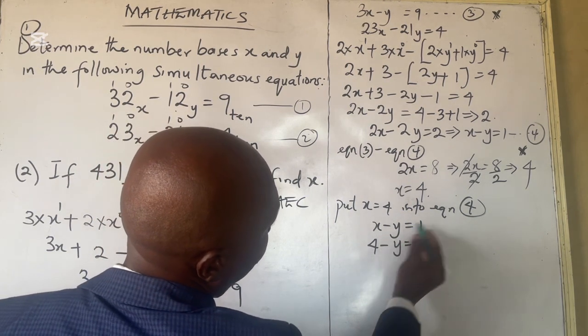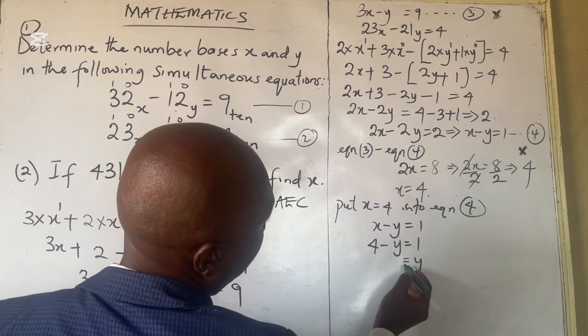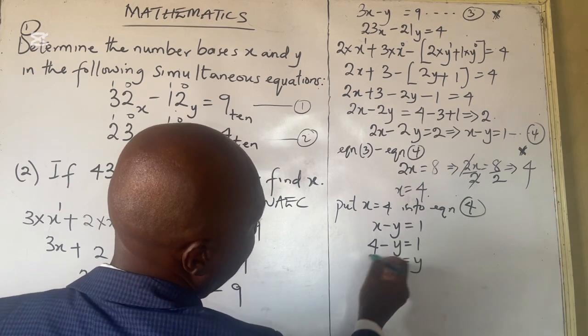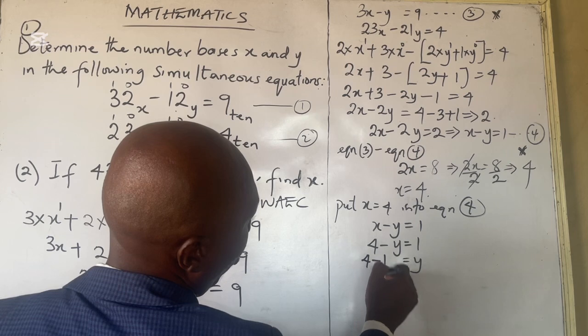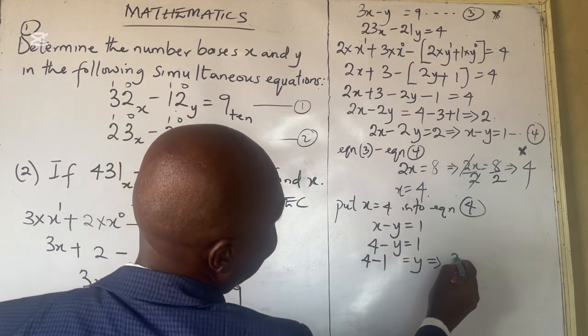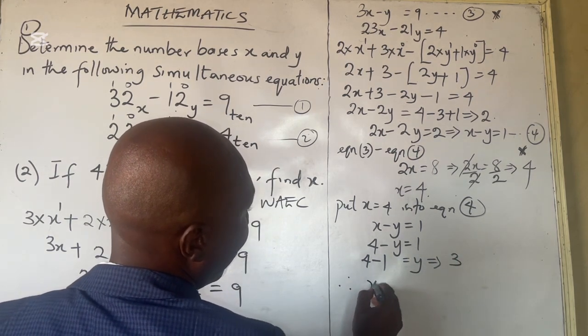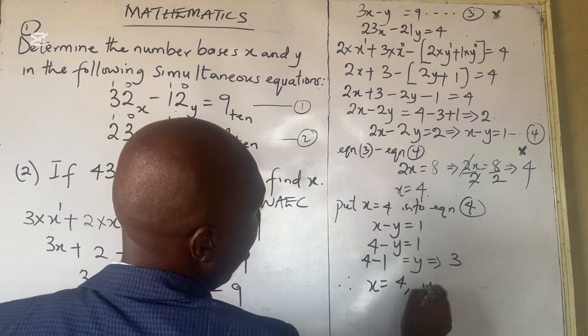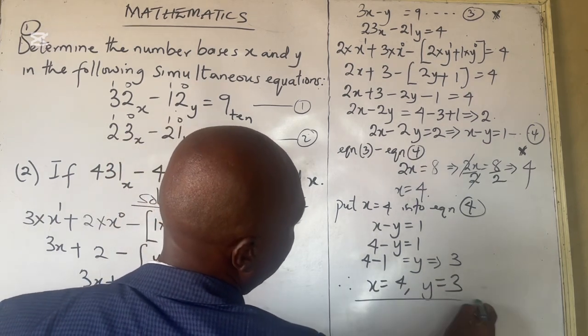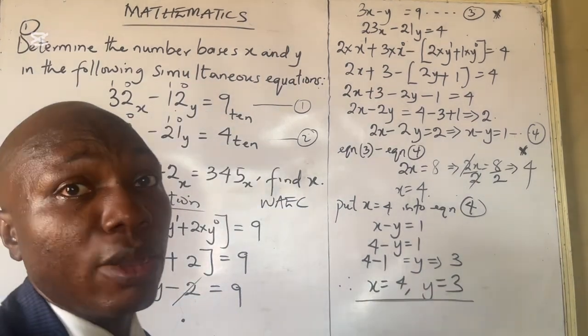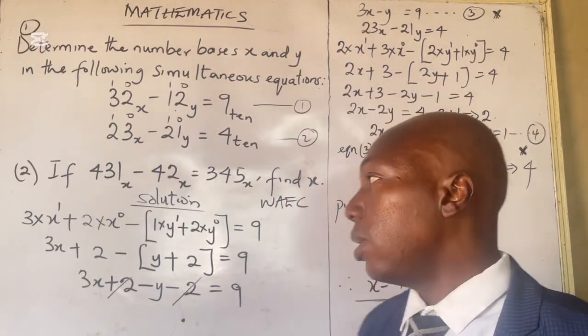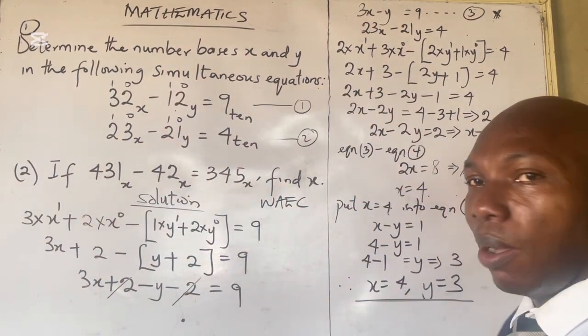If we bring our y here, our y will be plus. If we bring our 1 here, it will be 4 minus 1, and that will give you 3. So therefore, our x is equal to 4, our y equals 3. So the number bases used in the question that we have solved are x is 4 and y is 3.